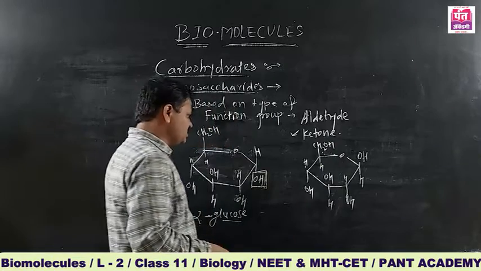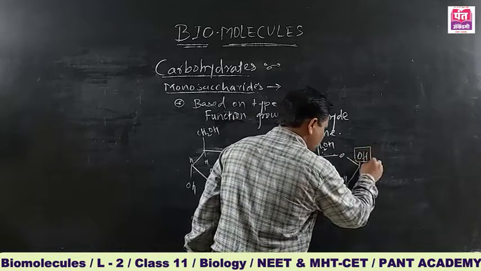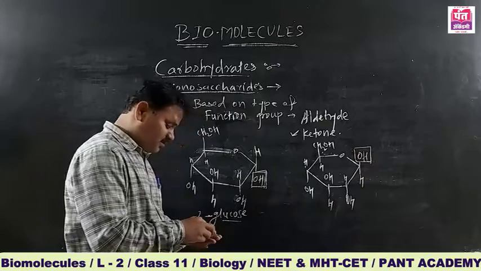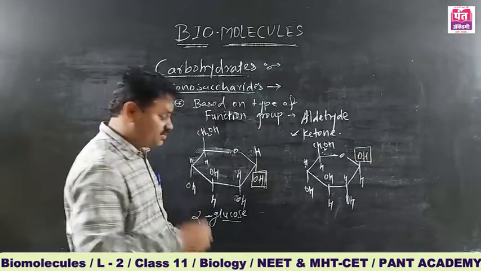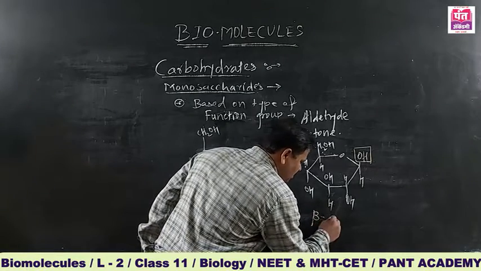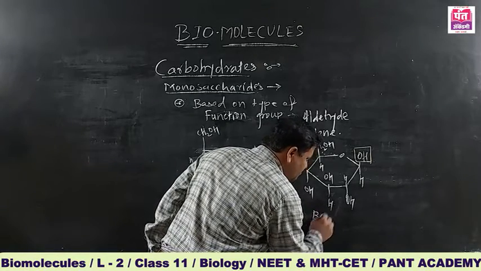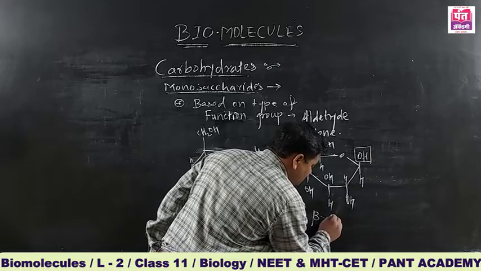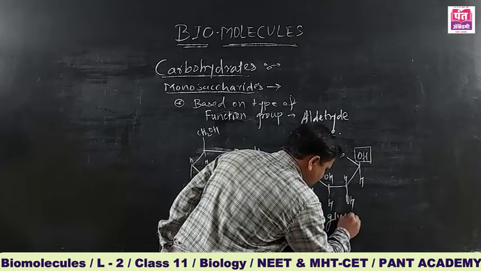So in this case, what happened? The OH group is changed, and therefore the conformation is changed, and that conformation is now a beta conformation, and therefore this sugar is called a beta glucose.